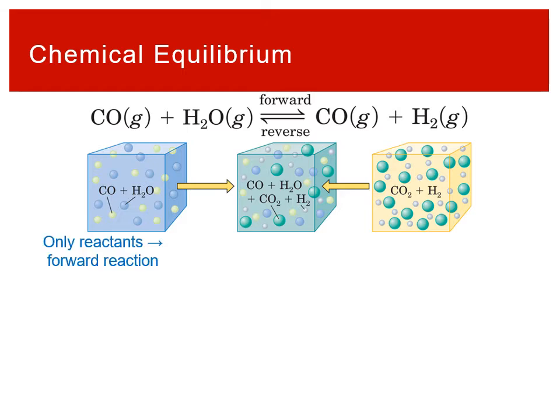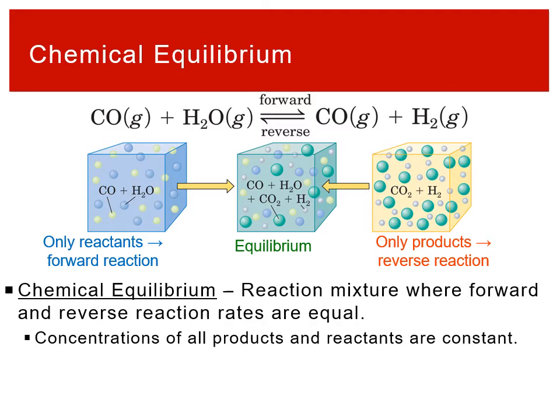So if you have only reactants, you just mix CO and H2O, only the forward reaction will occur. If you put only products in there, if you mix CO2 and H2, only the reverse reaction will occur. There is some happy point in the middle where everything is there. You have a mix of reactants and products where the concentrations stop changing, and we call that equilibrium.